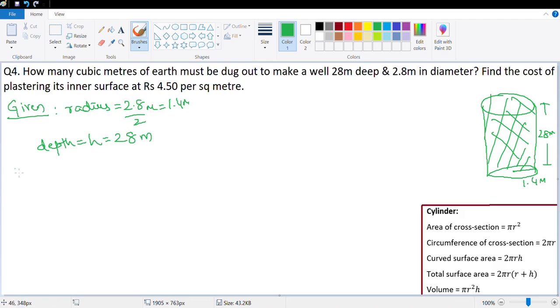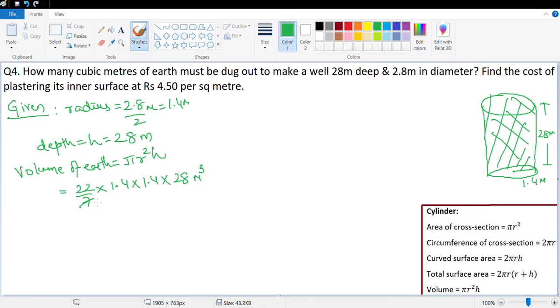What we need to calculate is volume of earth, which would be equal to the volume of the cylinder, which is equal to pi r square h. In this case 22 upon 7, r is 1.4. So 1.4 into 1.4 into h, which is 28 meter cube.